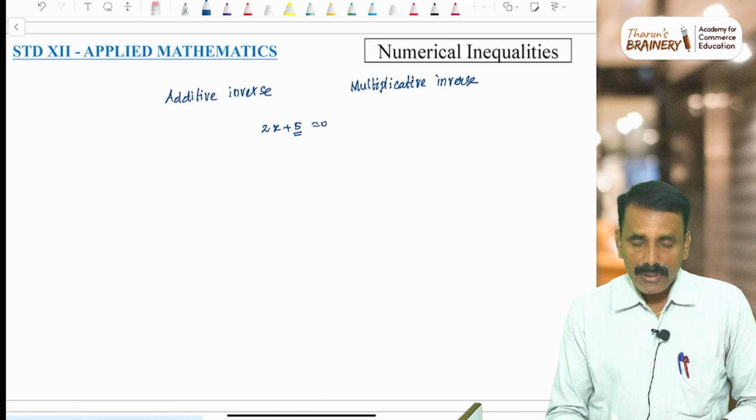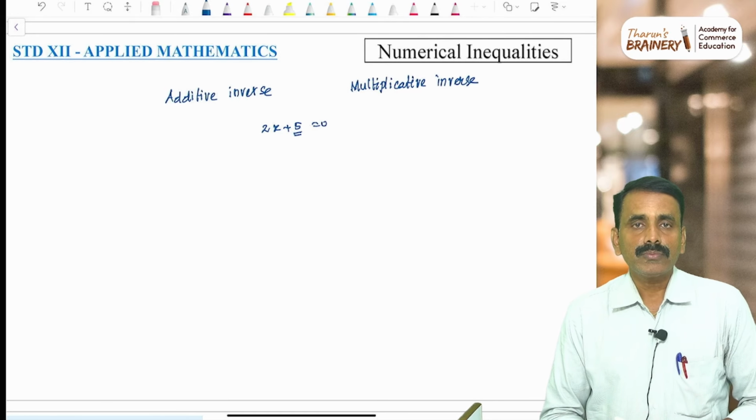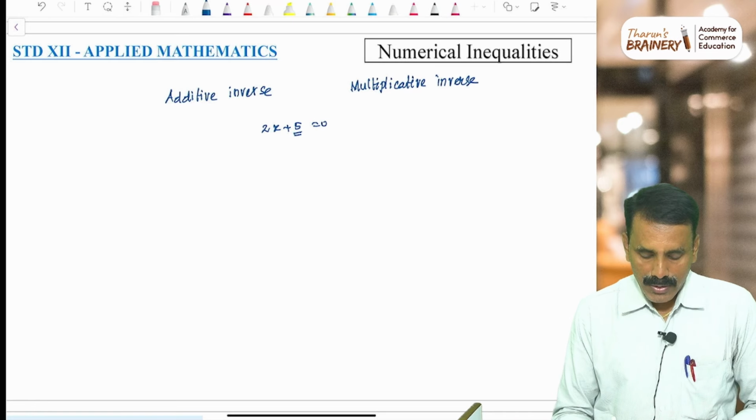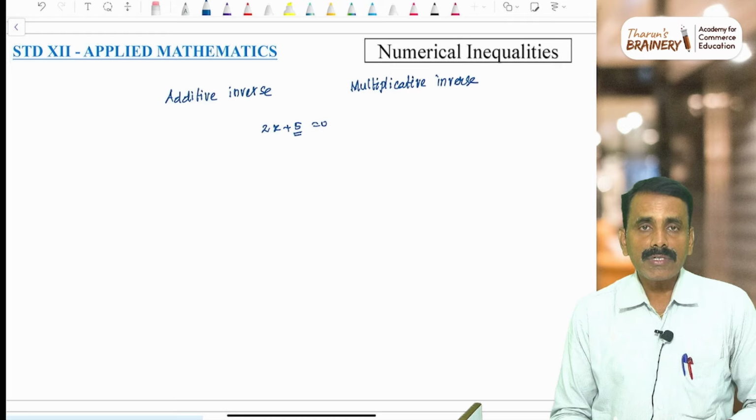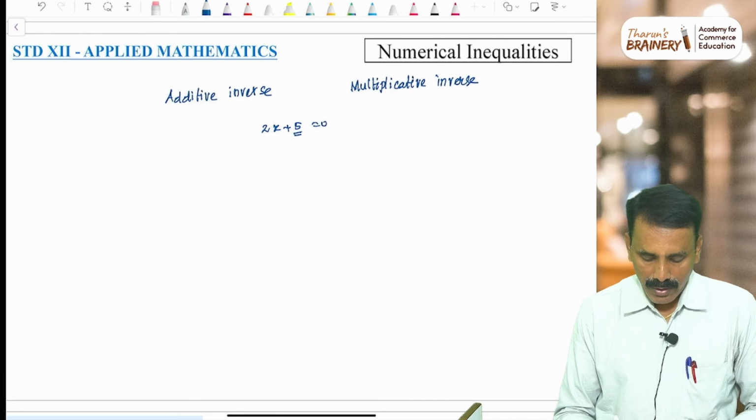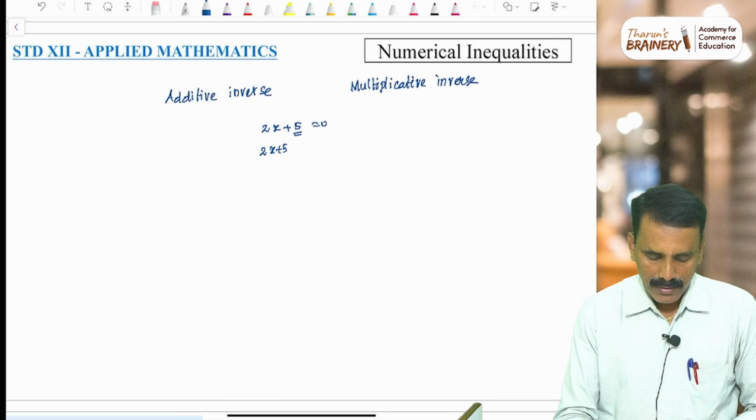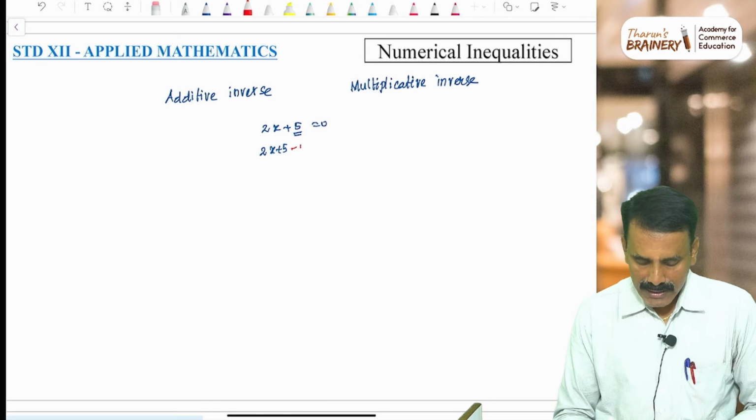If I want to remove this 5, I should add the additive inverse of 5 on both sides. So 2x plus 5, additive inverse of 5 is minus 5, is equal to 0 minus 5. Because it is additive inverse, these two cancel, so I get 2x is equal to minus 5.